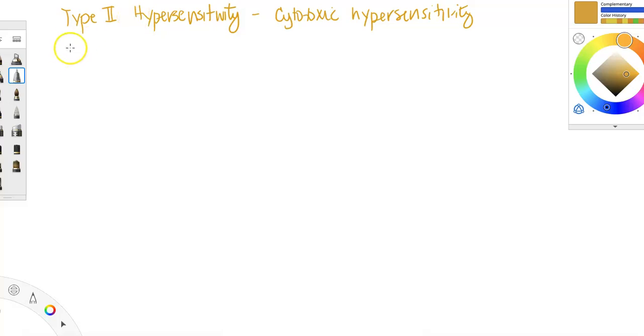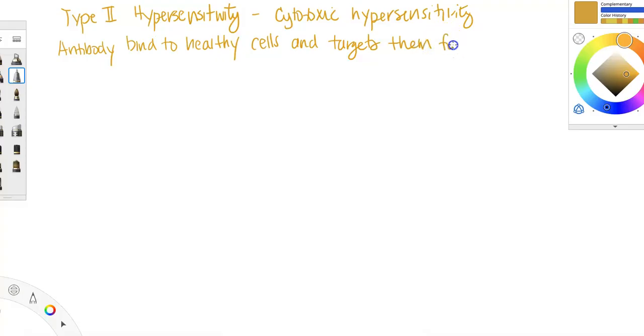Okay, so this is where an antibody binds to healthy cells and targets them for destruction.